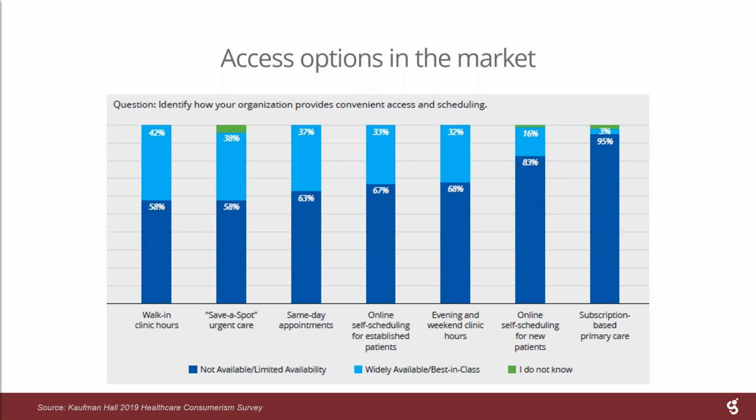And so there's a mix here, you'll notice, between operational or structural questions, like what is our product offering and how can we as an organization structure ourselves to have walk-in clinic hours, versus some technology types of solutions, like saving a spot or having reservation systems for urgent care. So there's a variety of different approaches, and we've said for a while that really the technology is there.